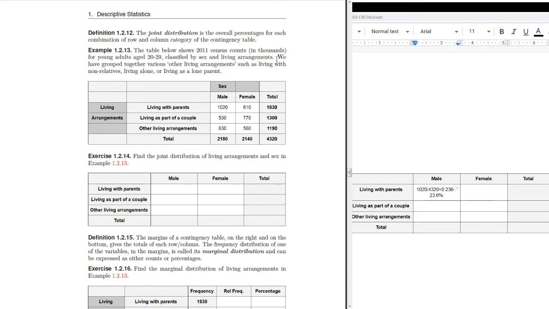Similarly, for females that are living with their parents, we will take 810 and divide it by 4320. So 810 over 4320 will give us 0.188 or 18.8%.